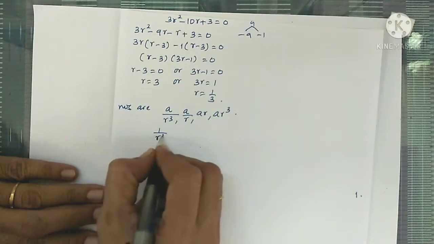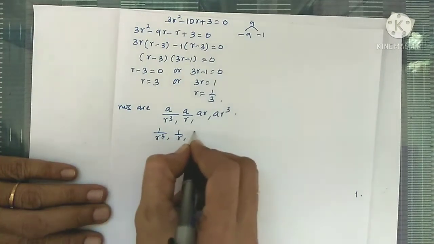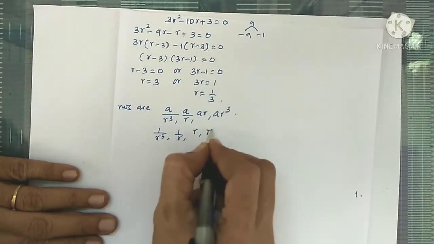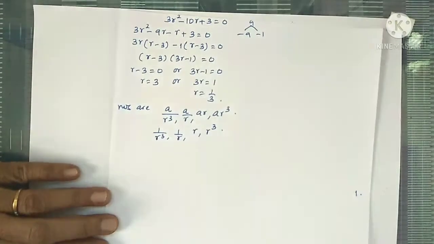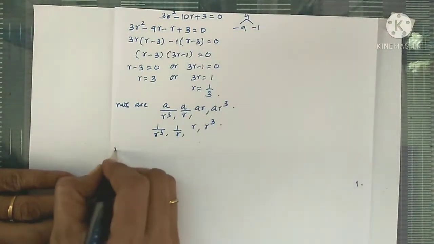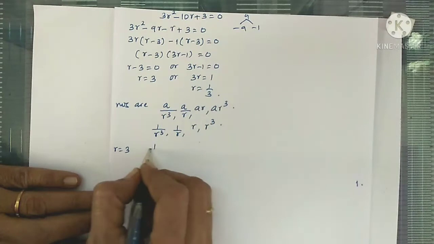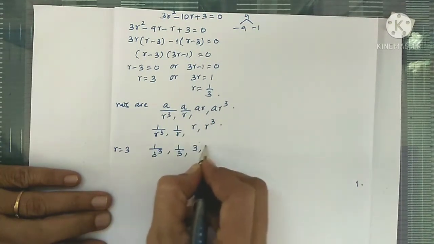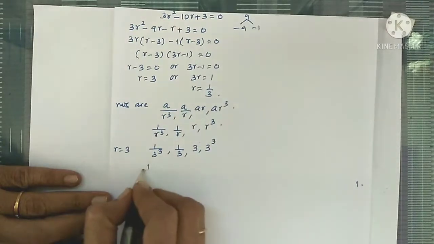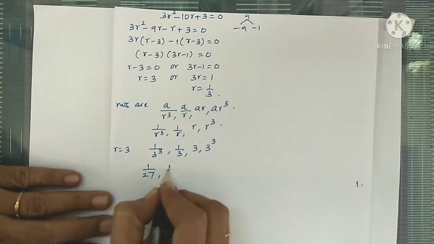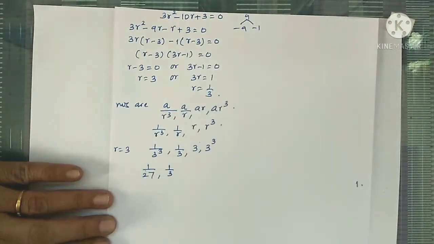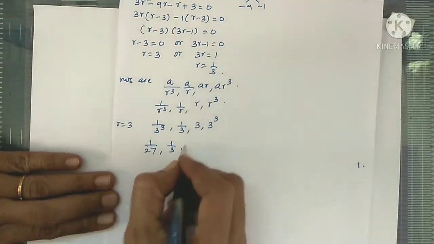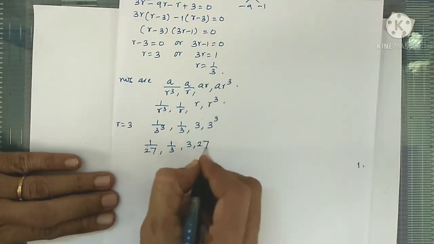So those are 1/r³, 1/r, 1·r is r only, and 1·r³ is r³. Now I am putting r = 3. So 1/3³, 1/3, 3, 3³. So 1/27, then 1/3, 3, and 3³ is 27.